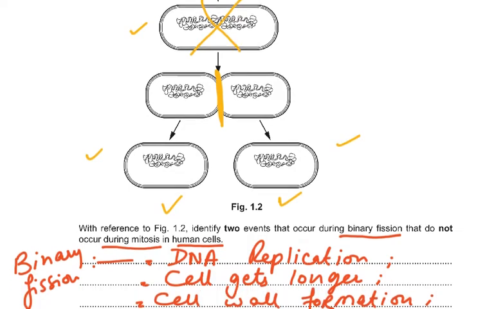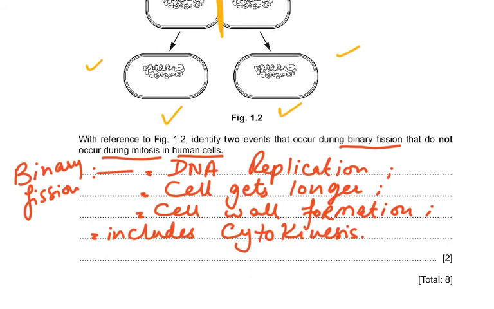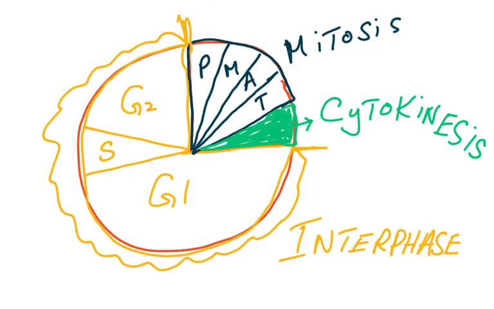Now it says with reference to figure 1.2, identify two events that occur during binary fission but do not occur during mitosis. Now I'm going to revise mitosis first, and then I'm going to come back to this mark scheme. Now if you look at the cell cycle, which I have shown you a diagram of, the entire stage is interphase, and in the S phase of interphase, DNA replication takes place.